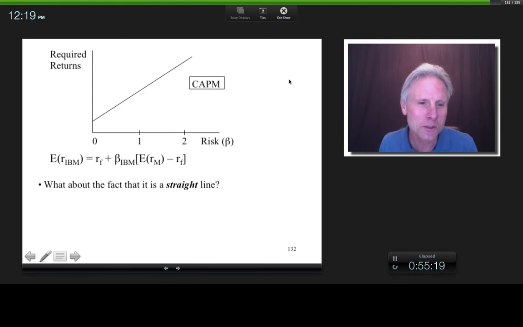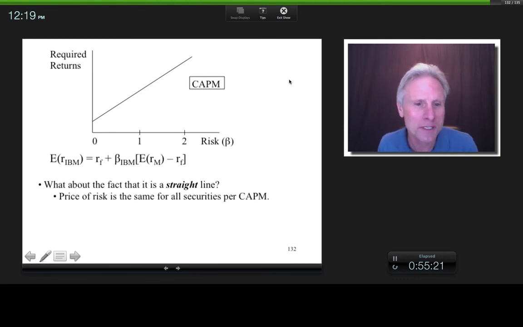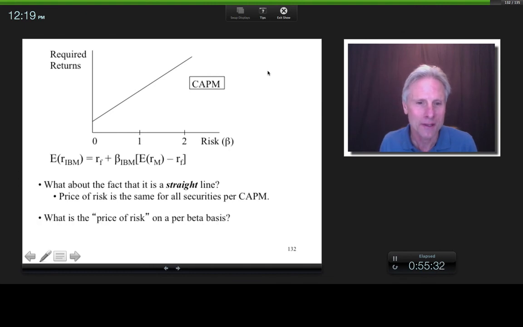So the fact that it's a straight line means the price of risk is the same for all securities. Whether you have a low risk security or a high risk security, the price of risk is the same. And so in our example, just to illustrate, on a per beta basis, when I go from 0 to 1, I'm getting a reward of how much?